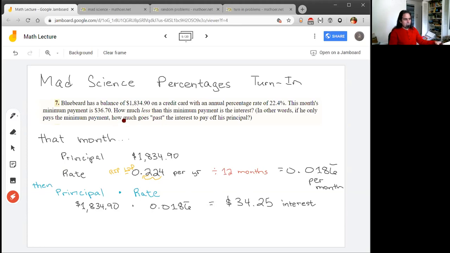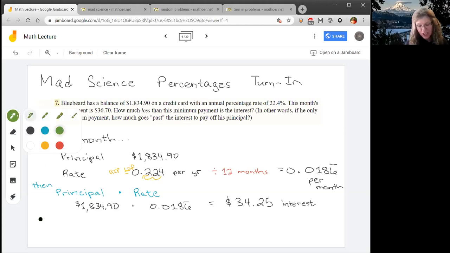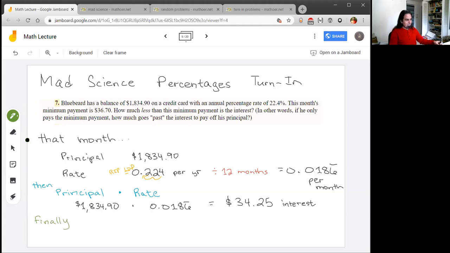So the question is, how much less is the interest compared to the minimum payment? His credit card bill says, please write a check for $36.70. So if he does that, then how much actually goes past the interest to pay off his credit card? $2.45. Not very much. So this is how credit cards work.